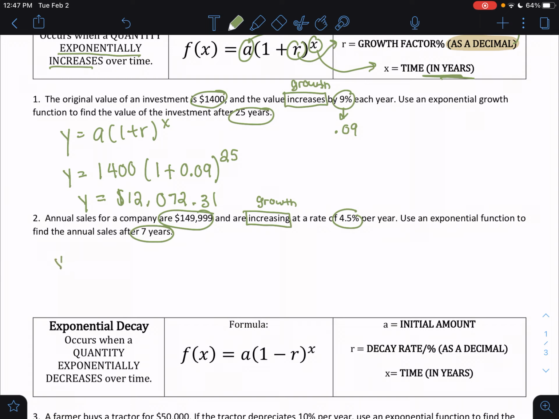So we're going to do the same thing. We're going to use that same formula. So A, our initial amount. Then we have 1 plus r, so 4.5 as a decimal is 0.045.